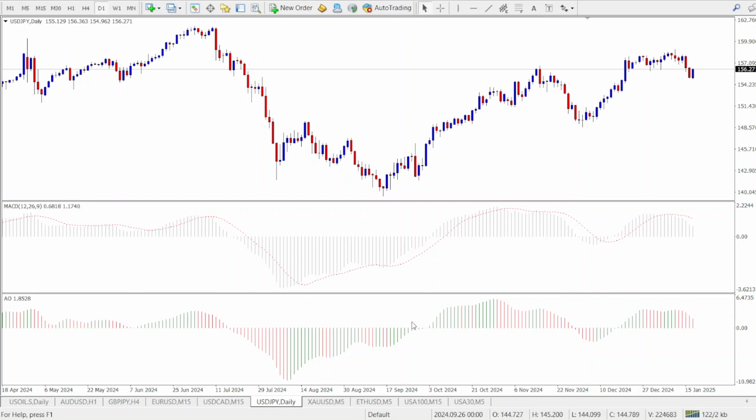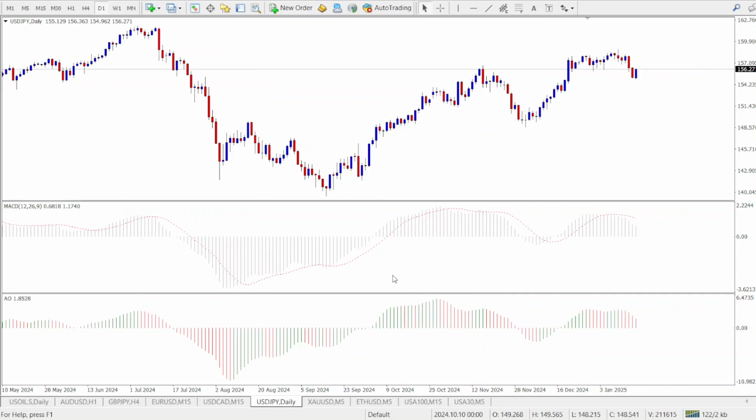Now that we understand the indicators, let us combine them into a powerful strategy. So you have to look for a confluence. Start by identifying signals where both the MACD and Awesome Oscillator align. For example, if the MACD line crosses above the signal line, and the Awesome Oscillator shows green bars above the zero line, it's a strong bullish signal.